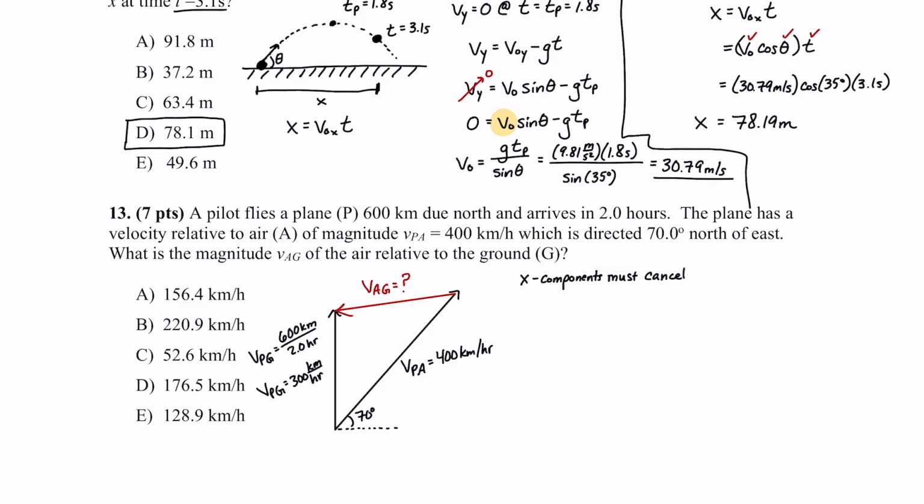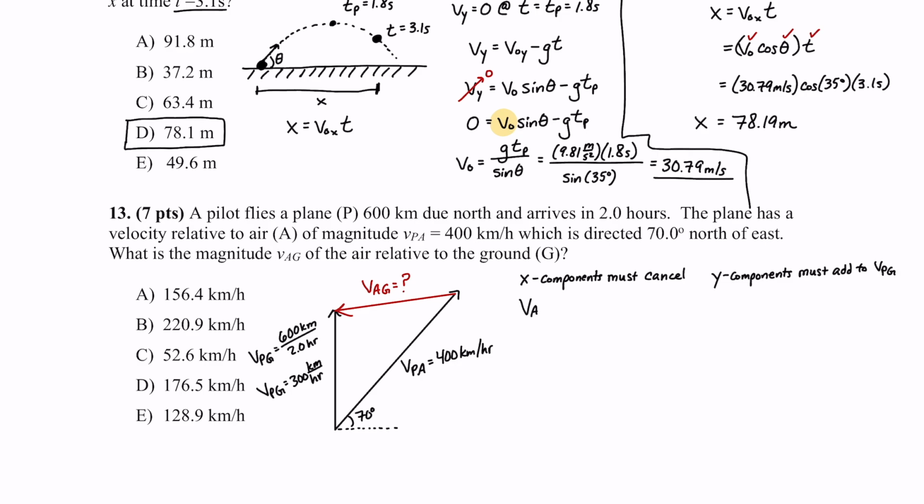For the y components, the y component of VPA plus the y component of VAG must add up to the vector VPG, which is only in the y direction. These two ideas will allow us to calculate the x and y components of VAG, and then from there we can find the magnitude.